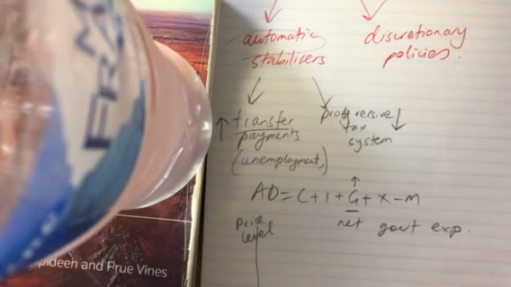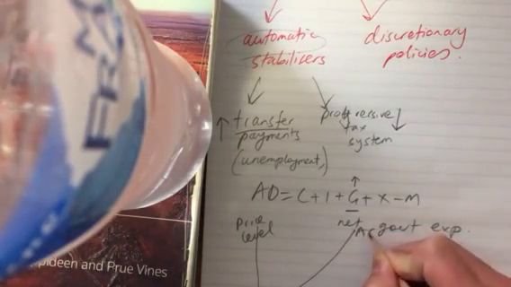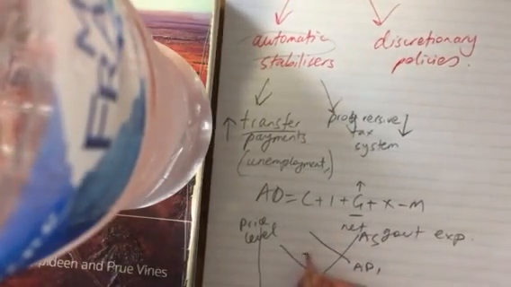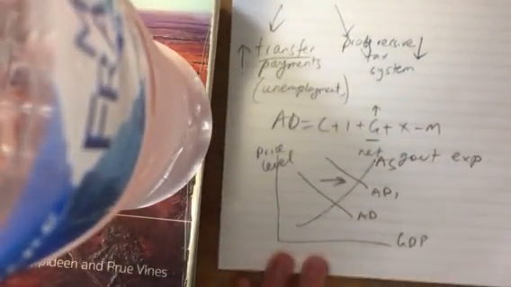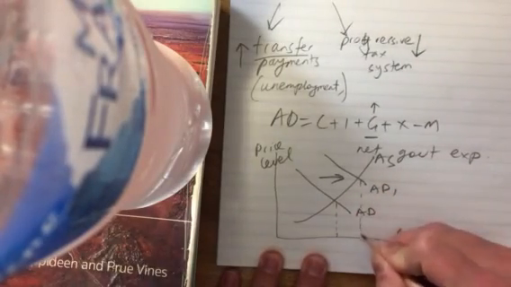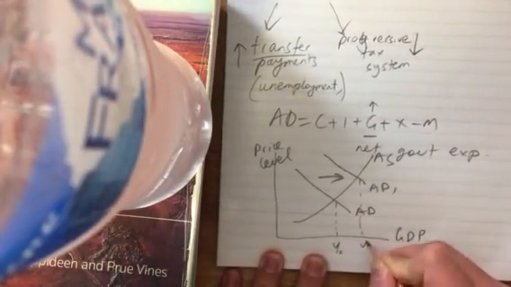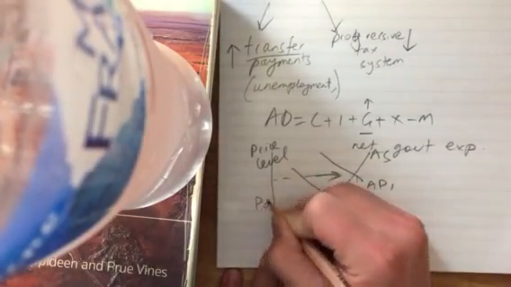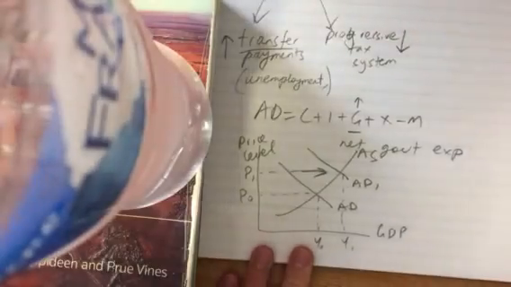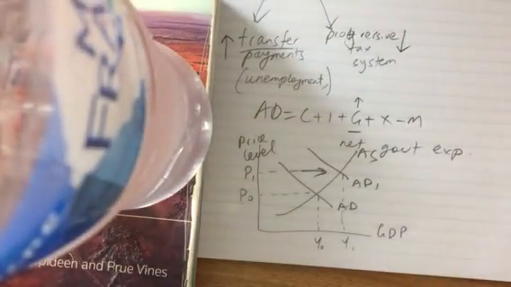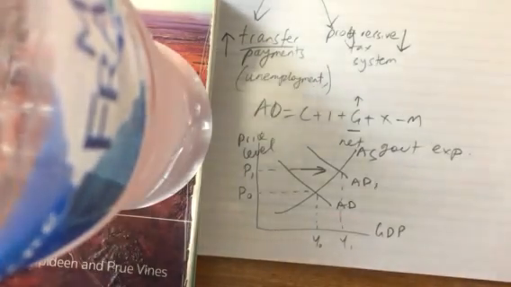Price level, GDP, aggregate supply, aggregate demand, AD1. So we're going to have a shift right of the AD curve. We're going to show that as Y0 to Y1, and our price level is going to increase from P0 to P1. Anything where you need to show the impacts of fiscal policy, use this diagram.